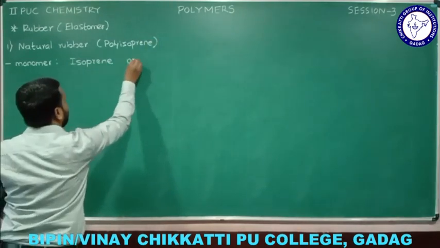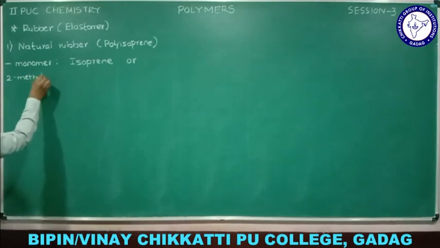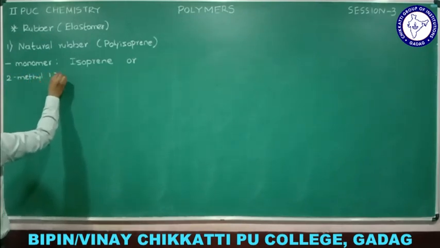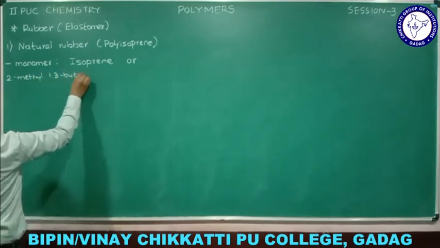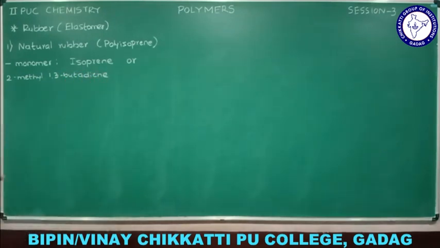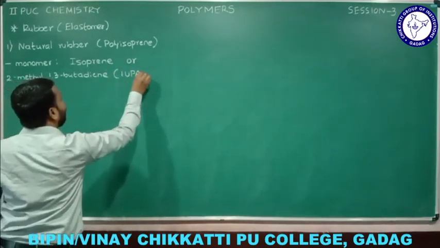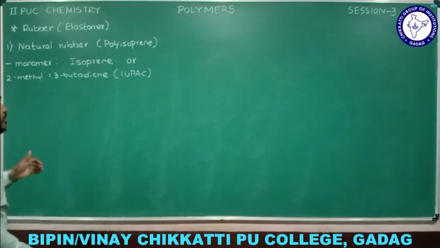One more name for isoprene is 2-methyl-1,3-butadiene, and this will be the IUPAC name of the monomer of natural rubber.